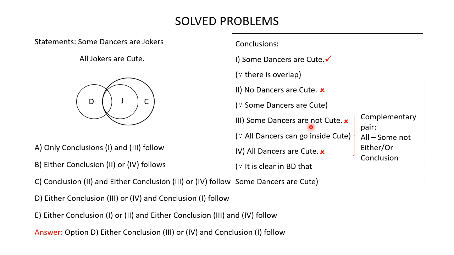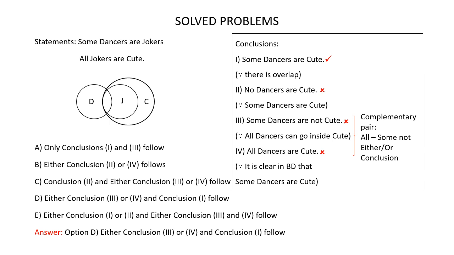Now, conclusion 3 is wrong. Conclusion 4 is also wrong. Conclusion 3 is a negative conclusion. Conclusion 4 is a positive conclusion. The subject and predicate of both the conclusions are the same.